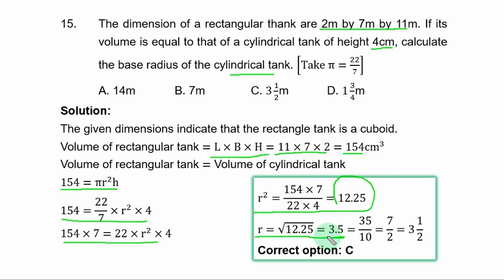So let's express 3.5 as a common fraction. You have 35 over 10. If you reduce by 5, you have 7 over 2. If you convert to a mixed fraction, you have 3 whole number 1 over 2. So C is the correct option.